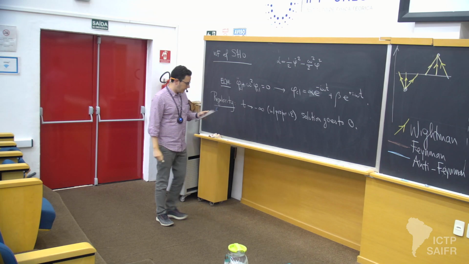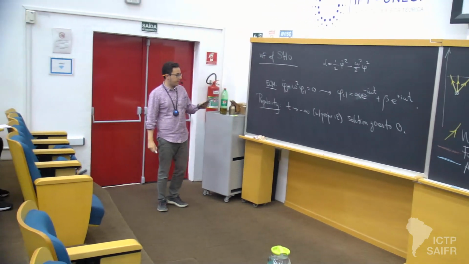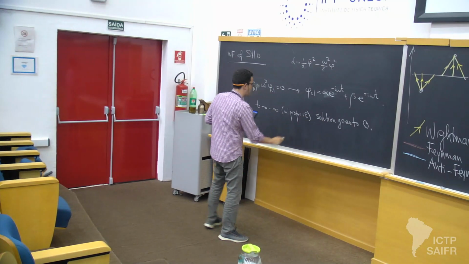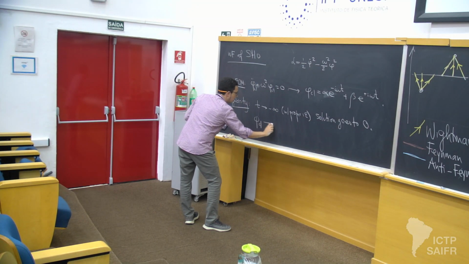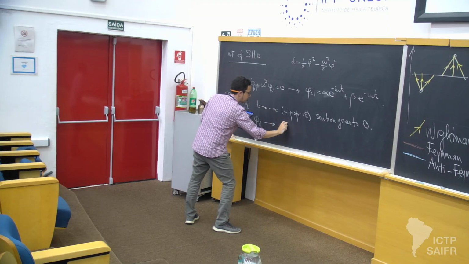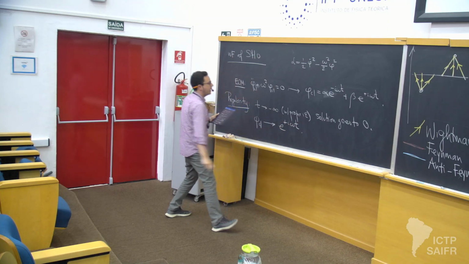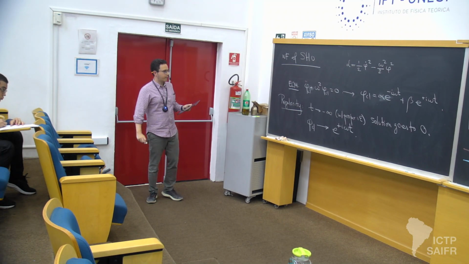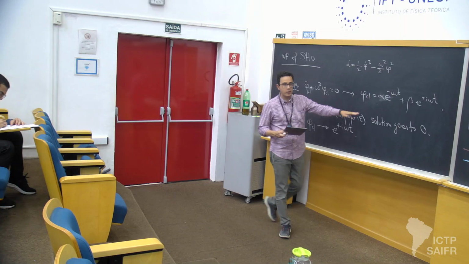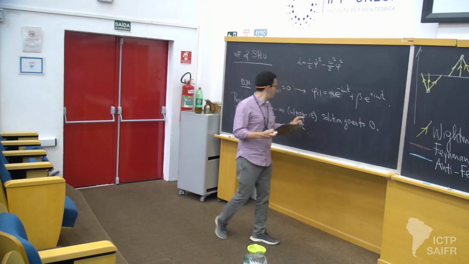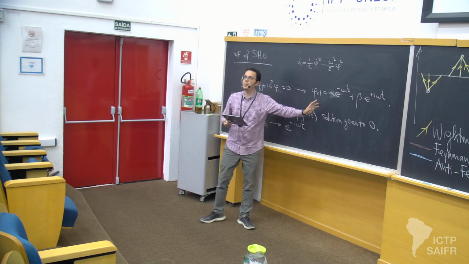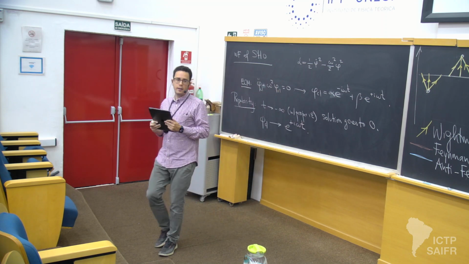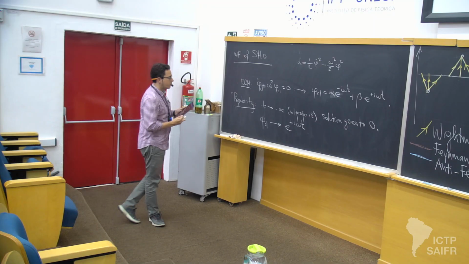Okay? If you do the proper i epsilon, it turns out that the right solution is that you want phi classical to go to e to the plus i omega t. This plus or minus is a little bit conventional, but the important thing is that it's single frequency, so that when you go into the complex time domain, this omega, if it's positive, damps the classical solution. So far so good.